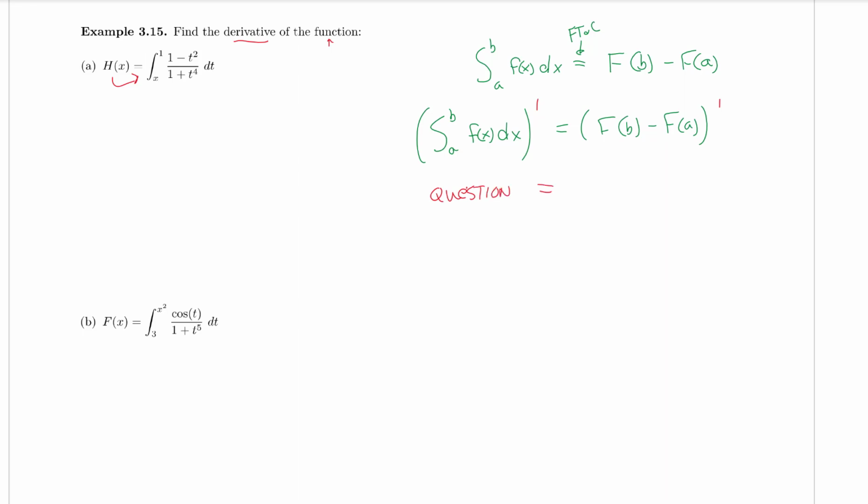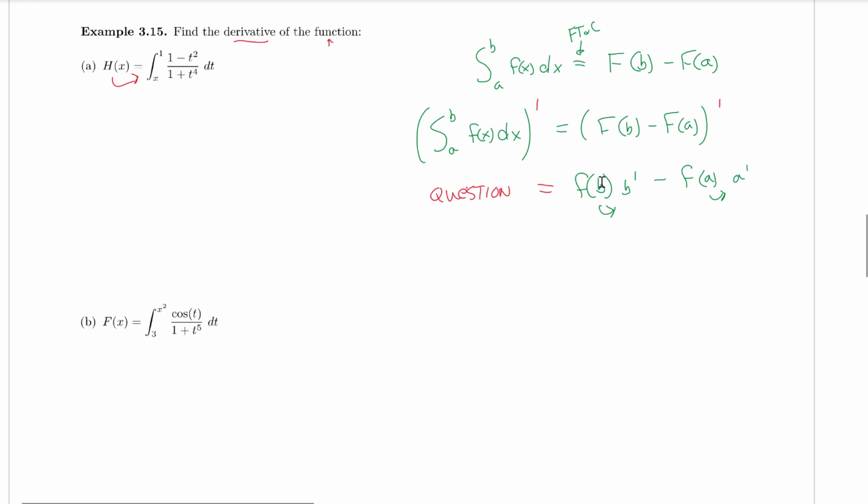And the answer should be, what's the derivative of the antiderivative? Well, it must be the original function evaluated at b, and then we need to do a chain rule, and we need to multiply it by b prime, minus the original function evaluated at a times a prime.